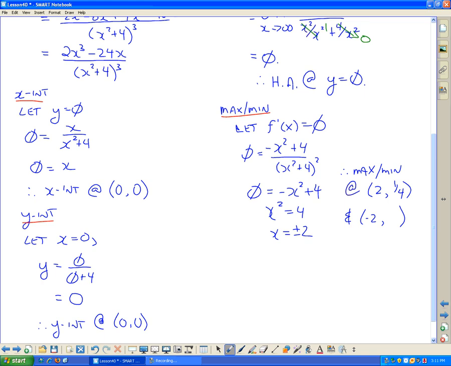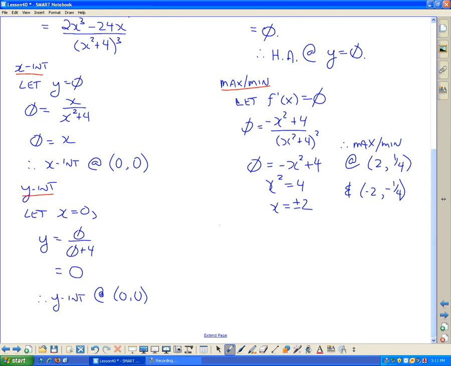So it'd be negative 1 quarter. So there are 2 locations of max min. You can see that rational functions are a lot nicer to deal with. Let's find an inflection point. And if I have to find concavity, I will, but you've got so much experience graphing from last semester. I always say it's usually not worth.